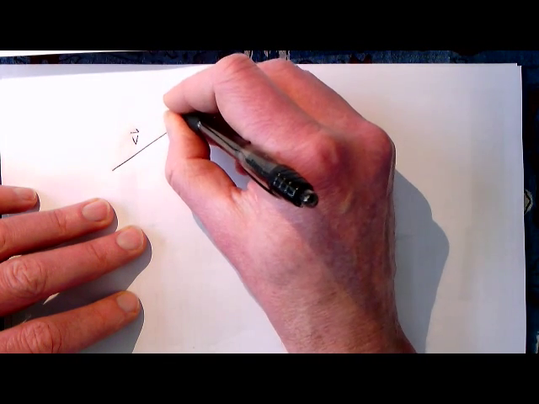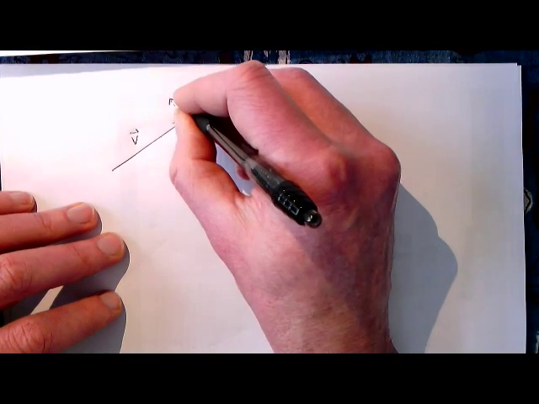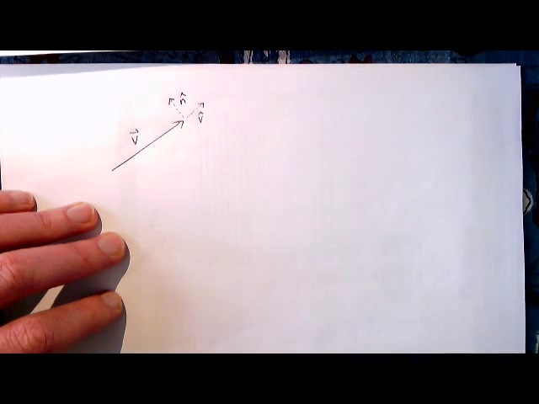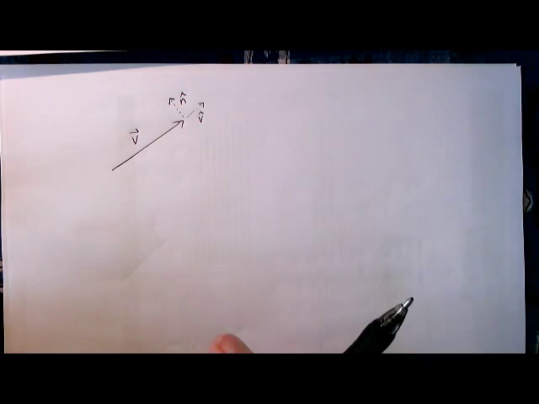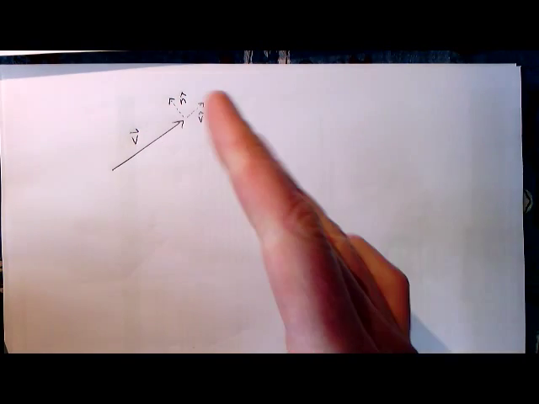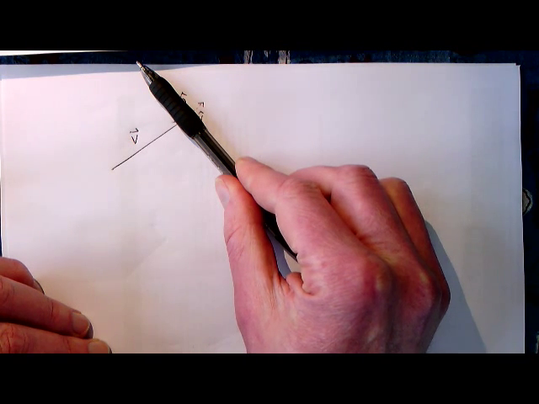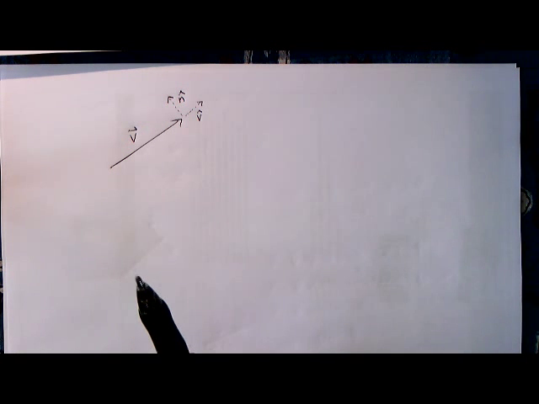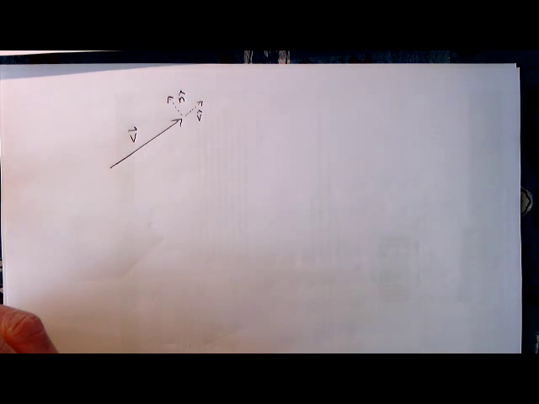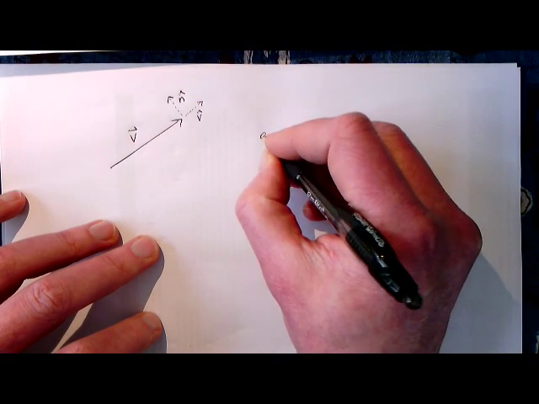Another vector I could define, I'm going to call n hat, is a vector that is normal to v. Obviously, if I were in 3 dimensions, there are multiple vectors that are normal to v. I can imagine a whole plane of vectors that are perpendicular to v. But since we're in 2 dimensions, there are only 2 vectors that are perpendicular to v, and they're the same within a sign.